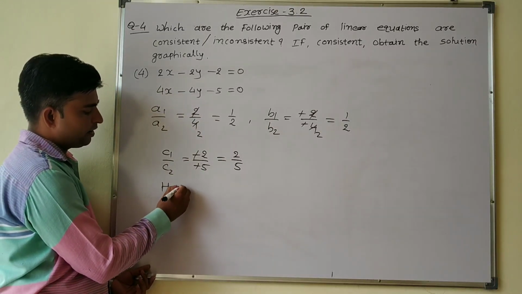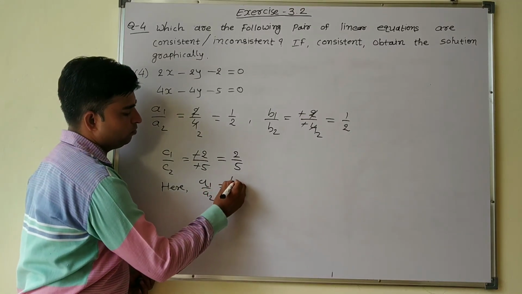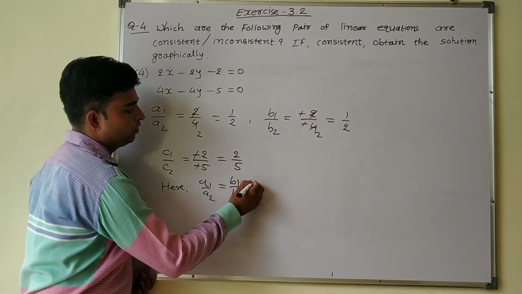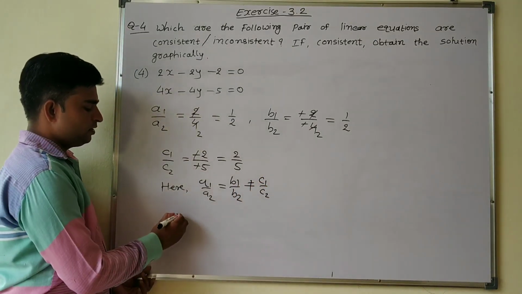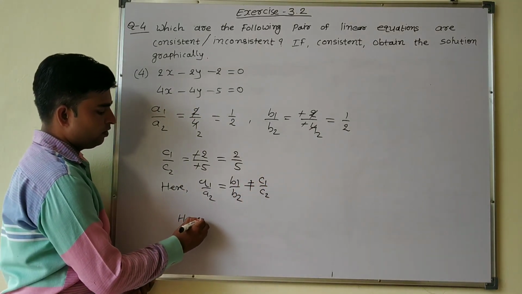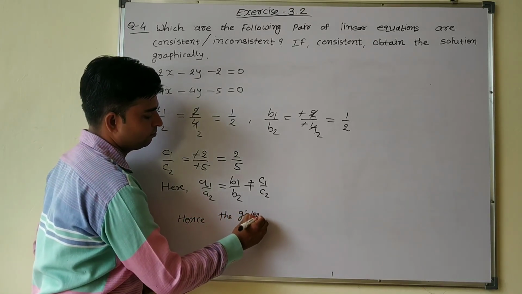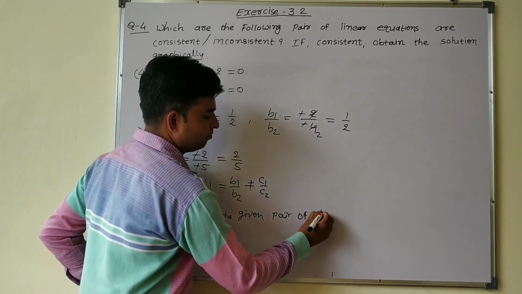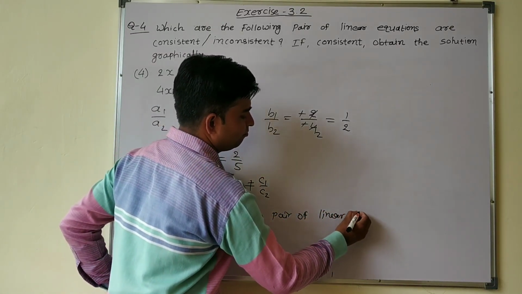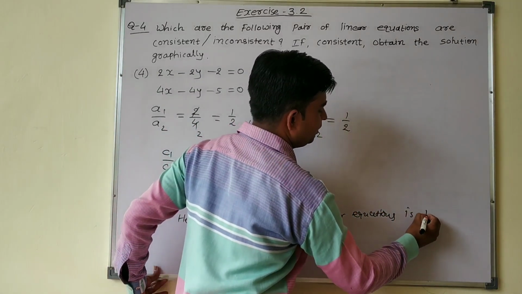So here we can write a1 upon a2 is equal to b1 upon b2, not equal to c1 upon c2. So in this condition, the given pair of linear equations is inconsistent.